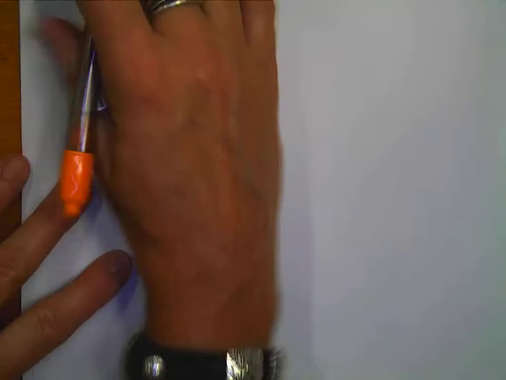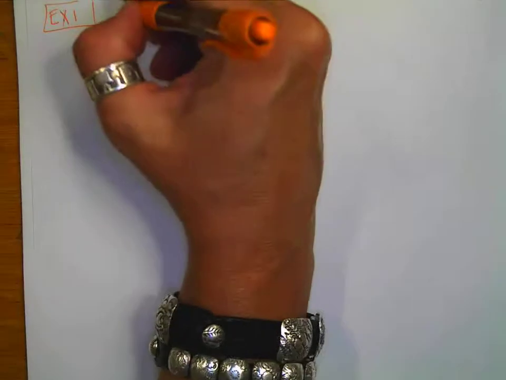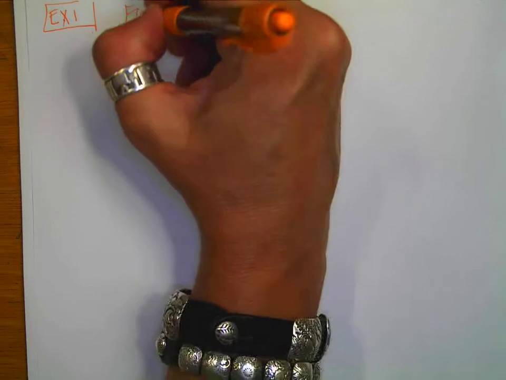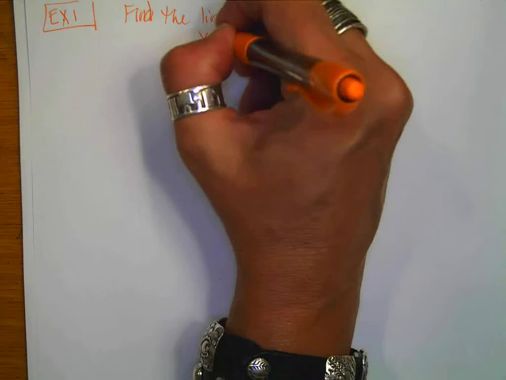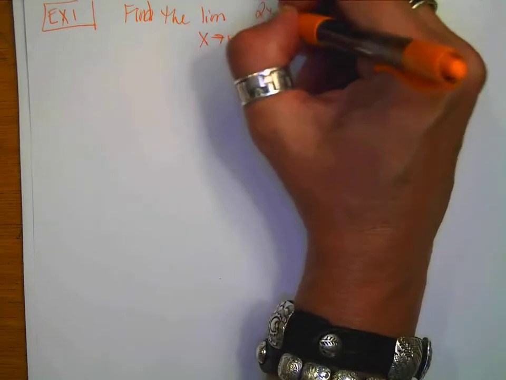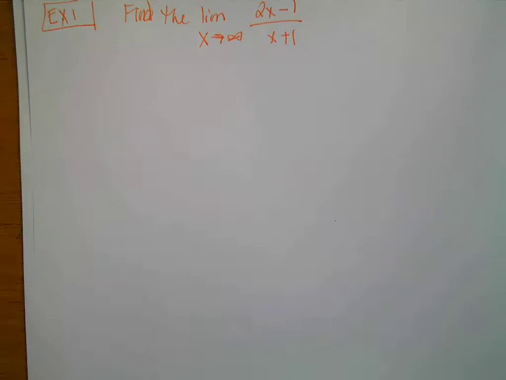All right, let's do our first example. Example number 1: find the limit as x approaches infinity of 2x minus 1 over x plus 1.